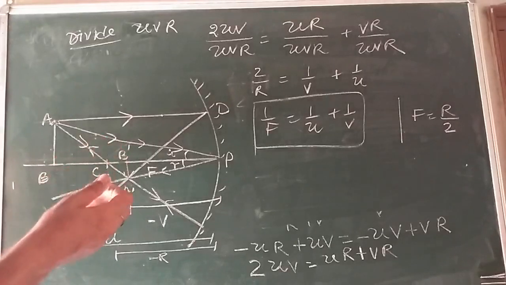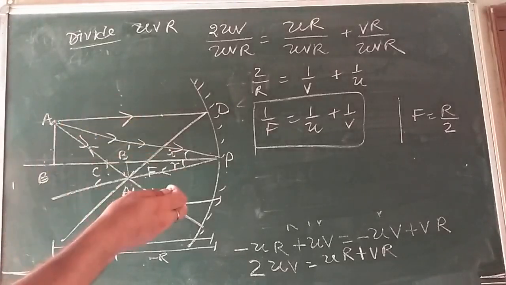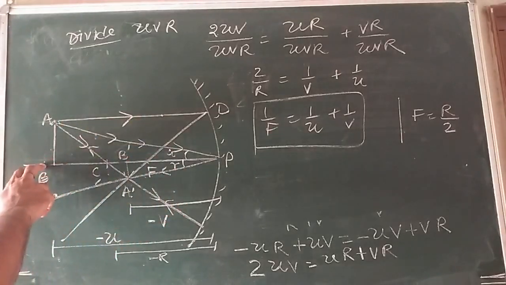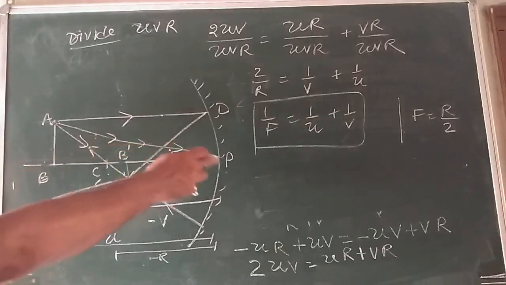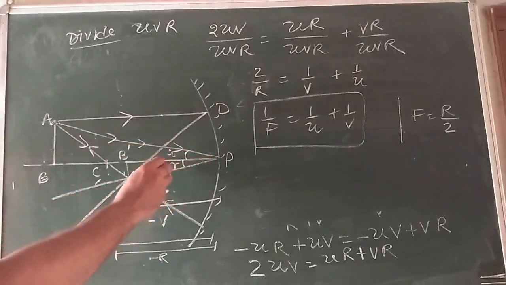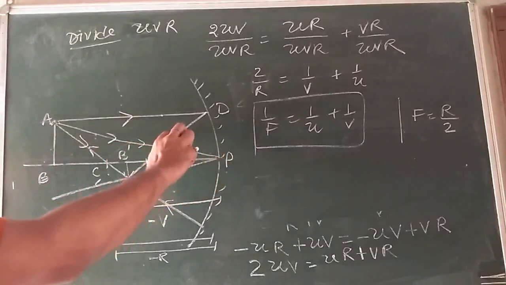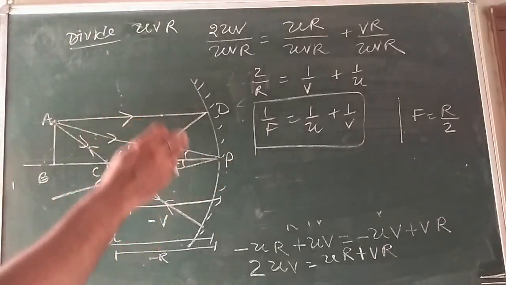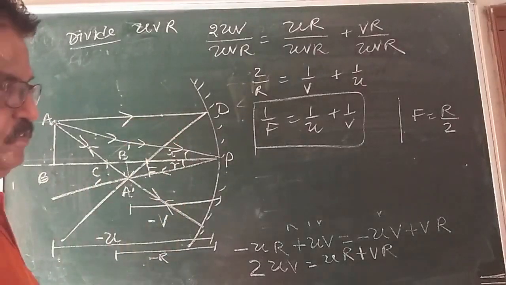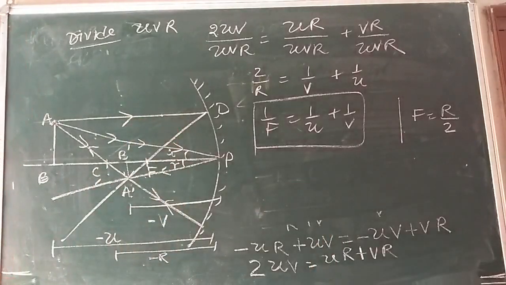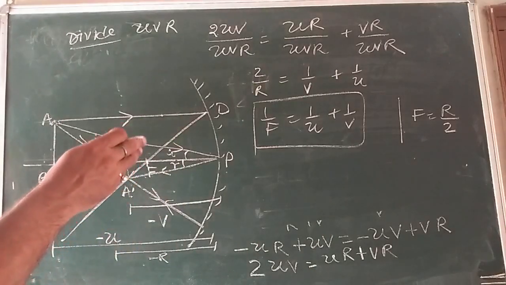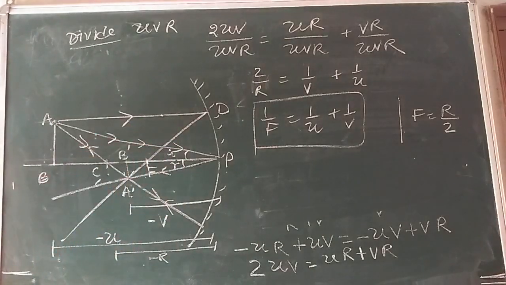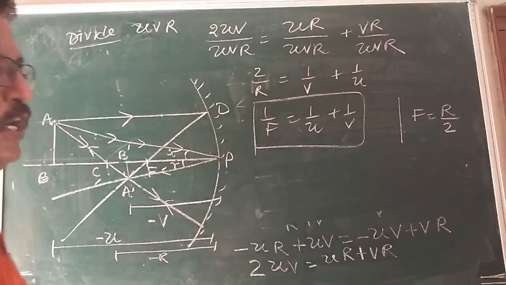In another case, when this object is held in front of a mirror in between the pole and focus, if we place it somewhere here, we will get the image is virtual, erect and magnified. That is another case. So this we can prove. Similarly, the mirror formula for a convex mirror also, you can do at your level.